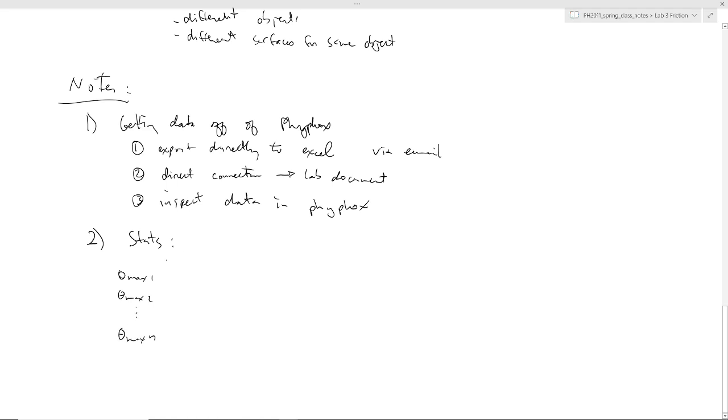I think the easiest way to analyze this is to convert those into mu s. And then once you have the mu s list, do your statistics, where, just for completeness, what you want is the average.